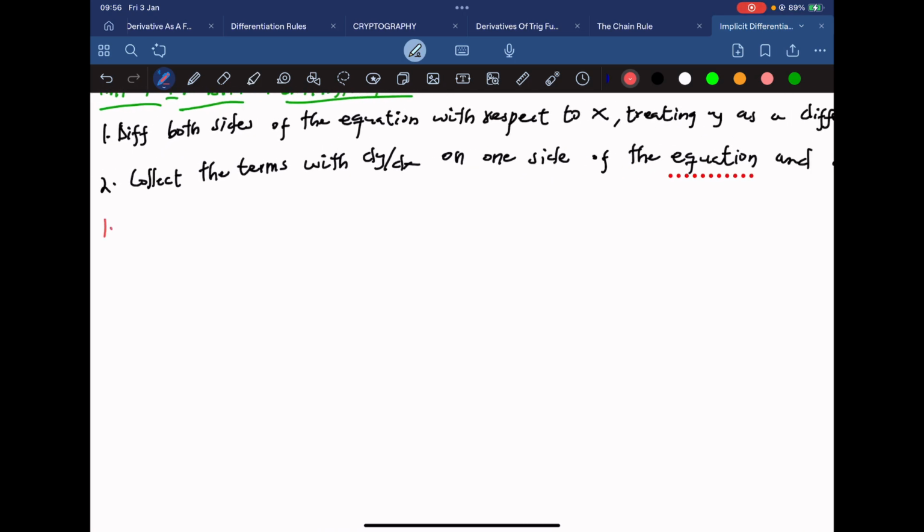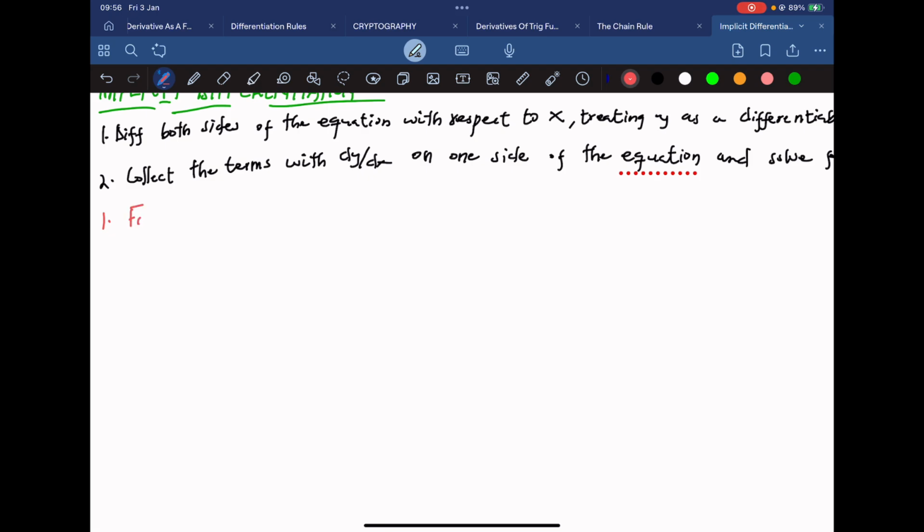So we have to find the dy/dx if y squared is equal to x squared plus sine of xy.